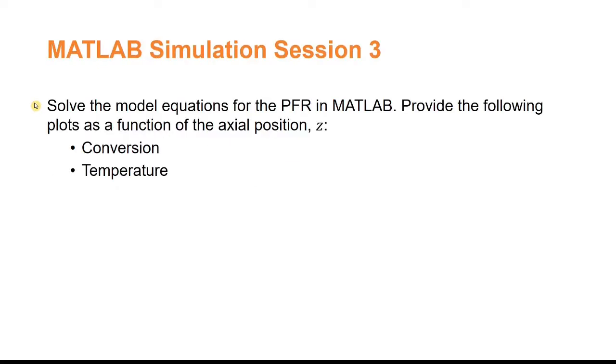That is what you're going to do in the MATLAB simulation session 3. What I would like you to do is to solve the coupled material and energy balance equations that we just derived and provide the plots of conversion and temperature as a function of the axial position in the reactor. The full problem sheet is now available on Moodle, so download that now and start working on it so that you will be prepared for our next session this week.